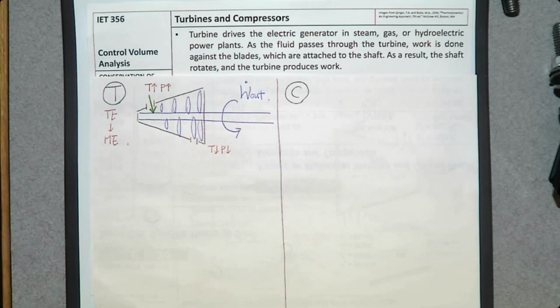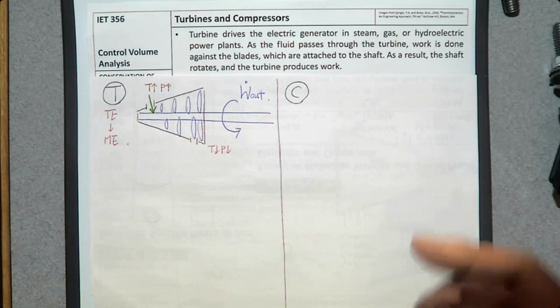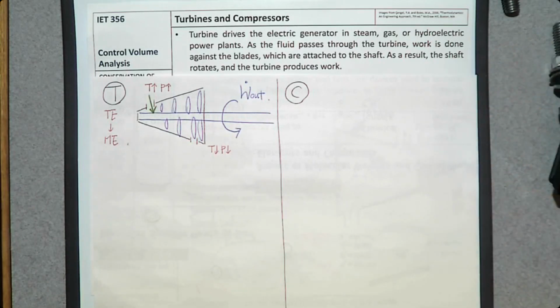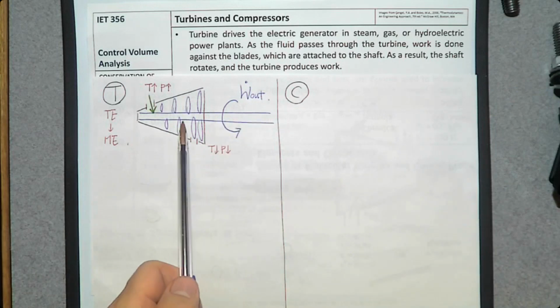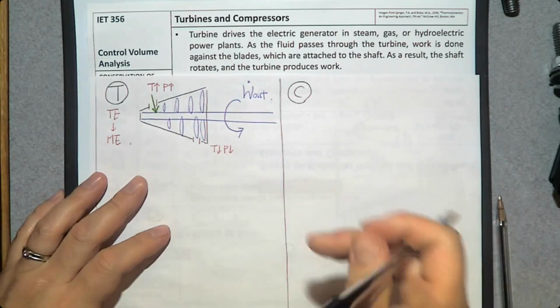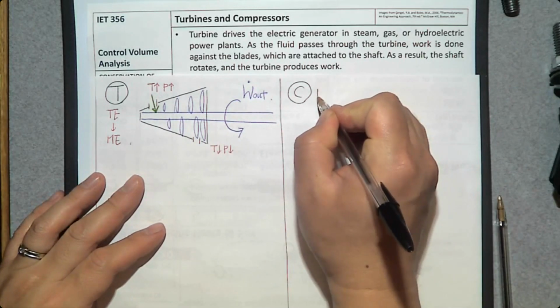So that's how thermal energy of the water is converted to mechanical energy, shaft power. That's how a turbine works. Okay, very simple to understand. Then what about the compressor? Since we are studying turbine and compressor at the same time, the compressor should look like this one. Okay, yeah, you're right, but slightly different.